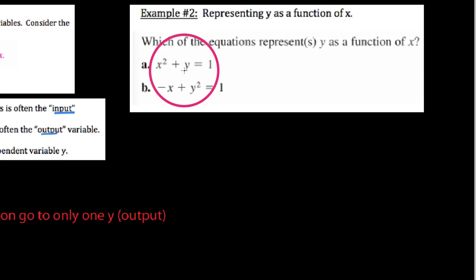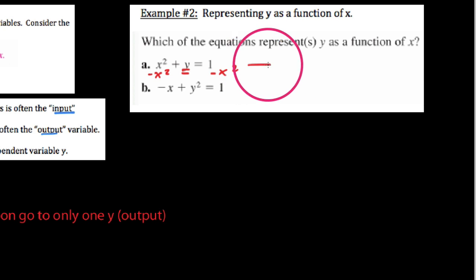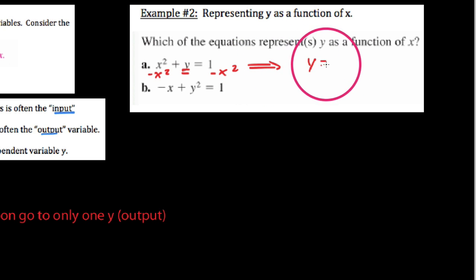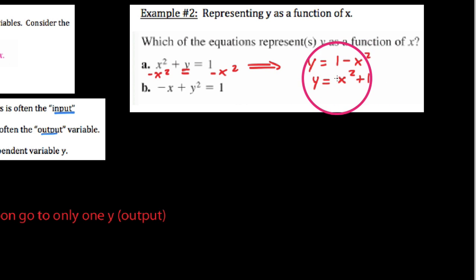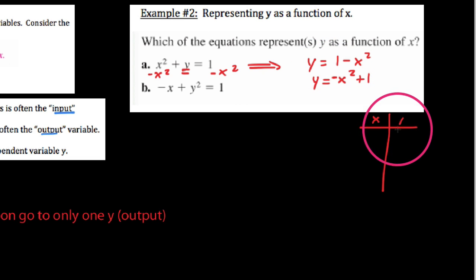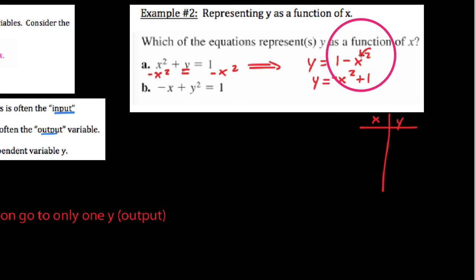Taking a look at letter A here, I noticed that the y variable is not by itself. So we're just going to subtract this x squared to the other side, and what we end up with instead is y equals 1 minus x squared, or we could even write this as y equals negative x squared plus 1. Either way you look at this, what I want you to notice is that if we were to make a table of values and start filling in x and y values, for every value of x that I put in, I'm going to square it and take that away from 1.